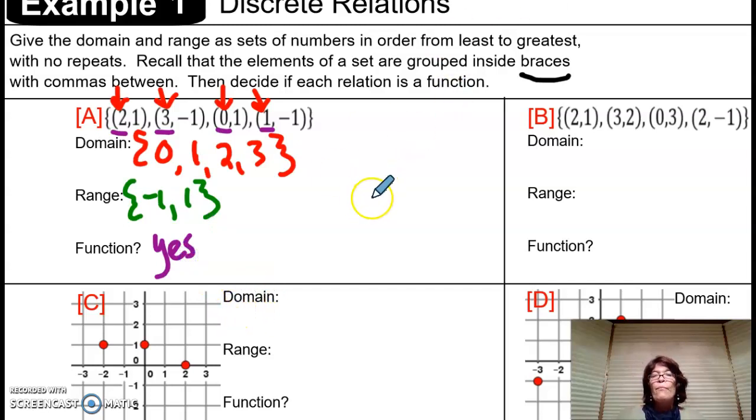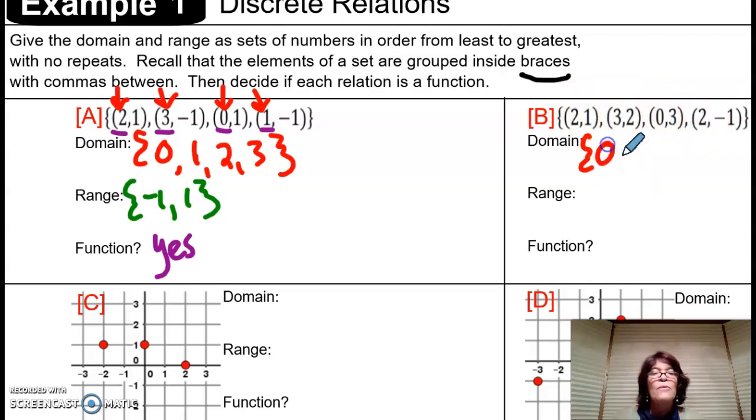Go ahead and pause me and figure out what you think letter B is, what the domain, range, and function is, so that you can try it first before I go on and explain it. So go ahead and hit the pause button. Now that you're back, the domain, the set of x's, let's see, I have 2, 3, 0, and 2.